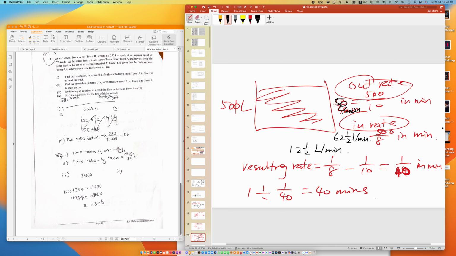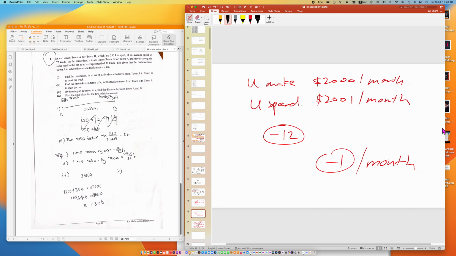Okay? Can or not? Yes. So in a way, this in and out can be tested like this. Let's say this one is a bit extreme, like you spend more than you make. So let's say you make 2100 and you spend 2000.